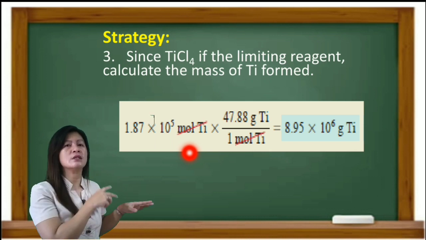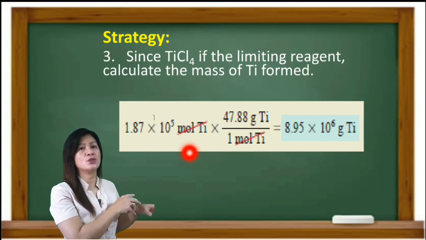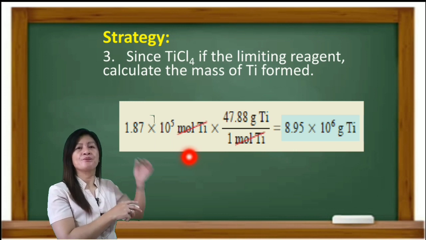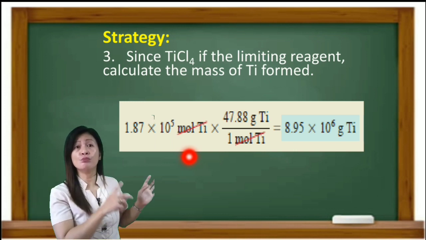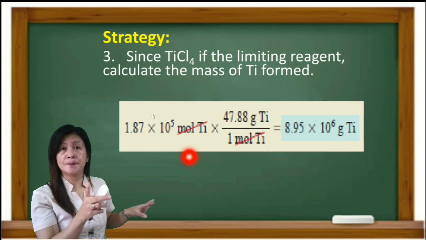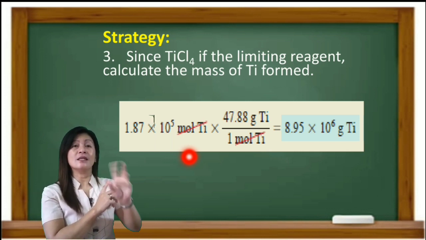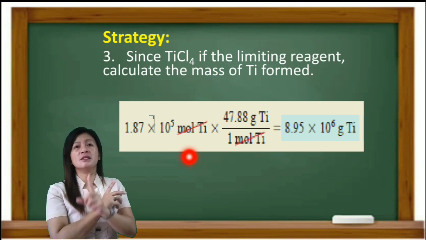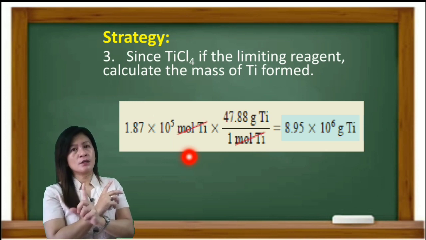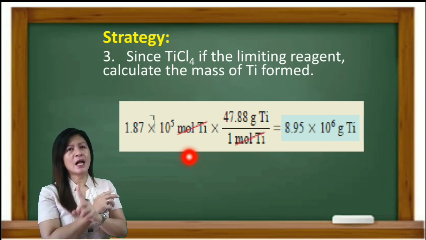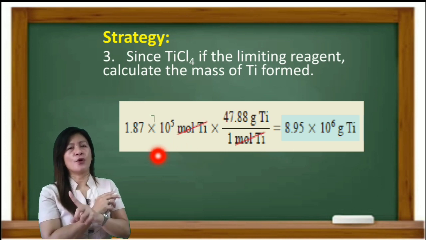The initial amount is 1.87 times 10 raised to 5 moles of titanium. Let's review the question. Since titanium 4 chloride is the limiting reagent, let's calculate the mass of titanium formed.